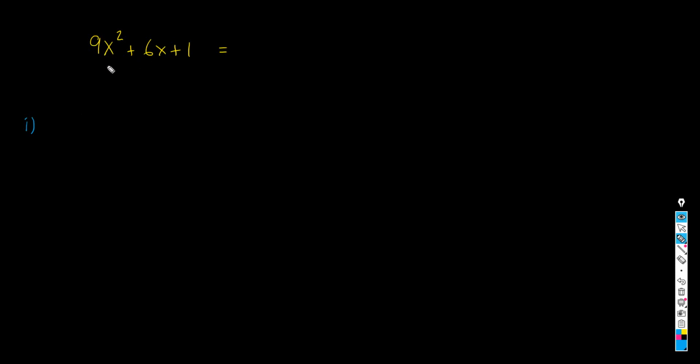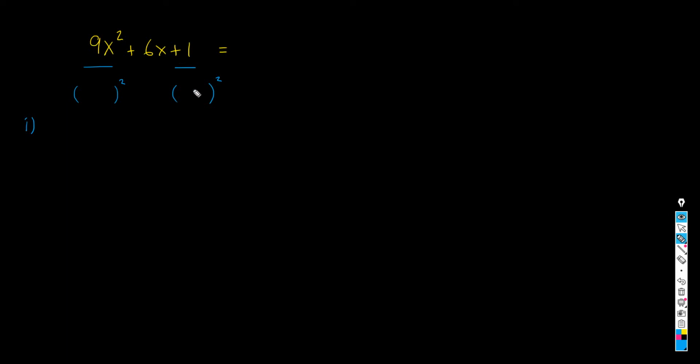The first one: you look at the first term and the last term, and what you gotta make sure is that both of them can be written as the square of something. In the case of 1, that's very simple. Why?